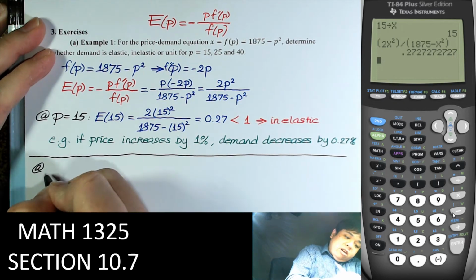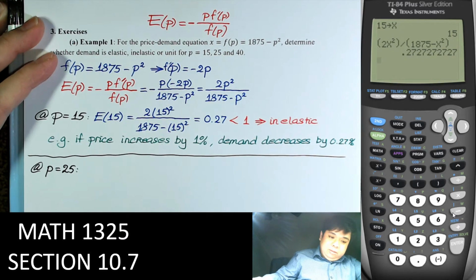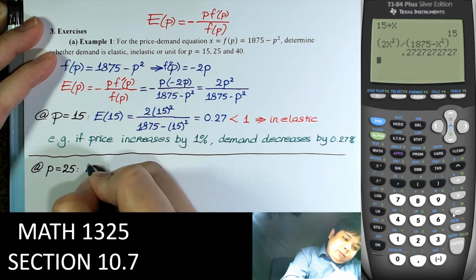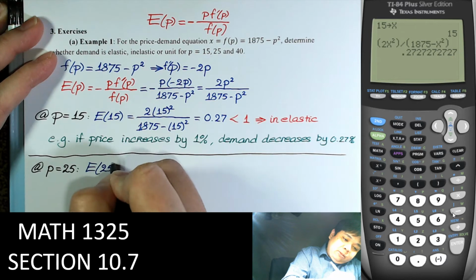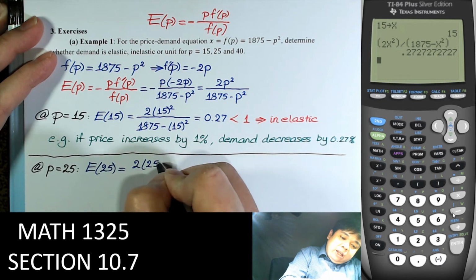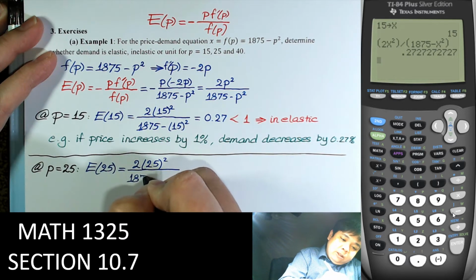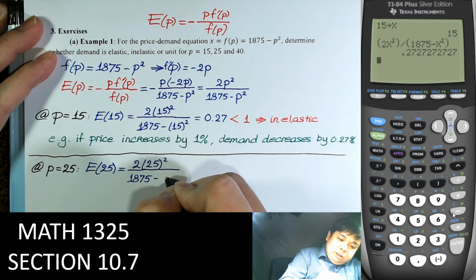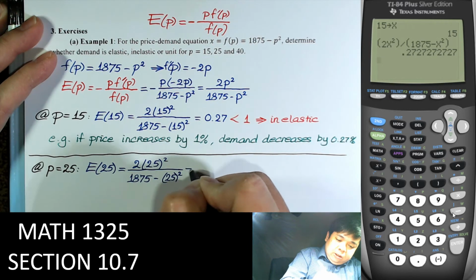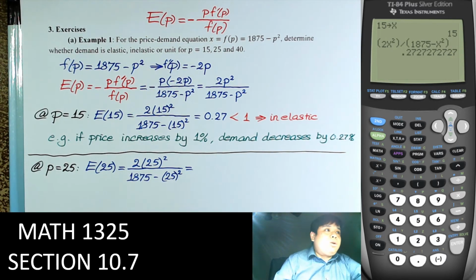Now it's the price level of 25. So put 25 in for p. I just simply store 25 into x.